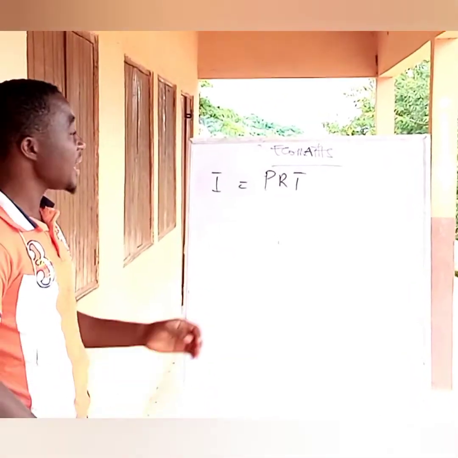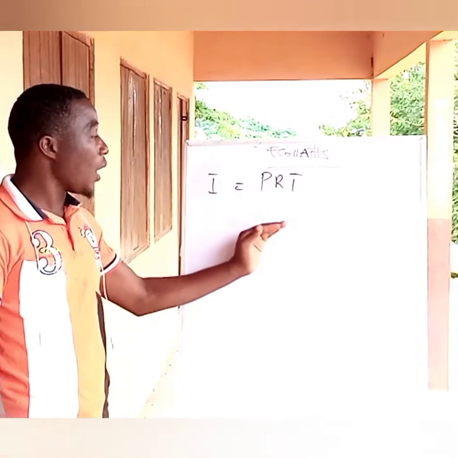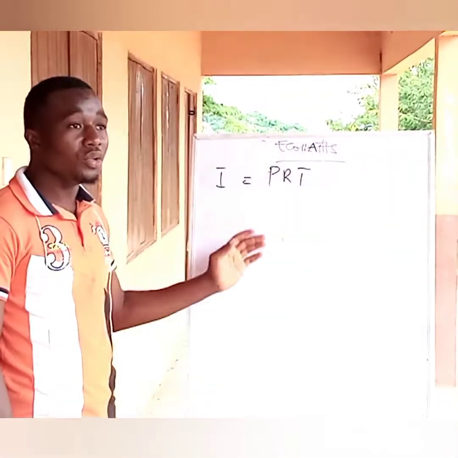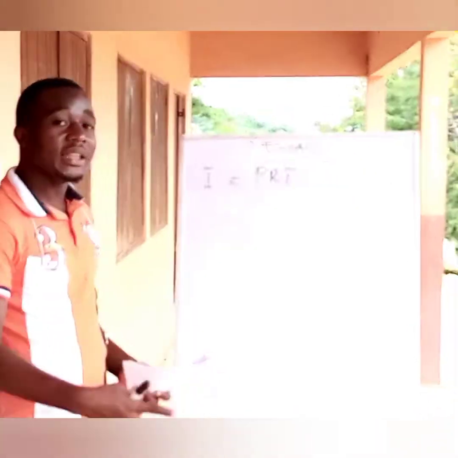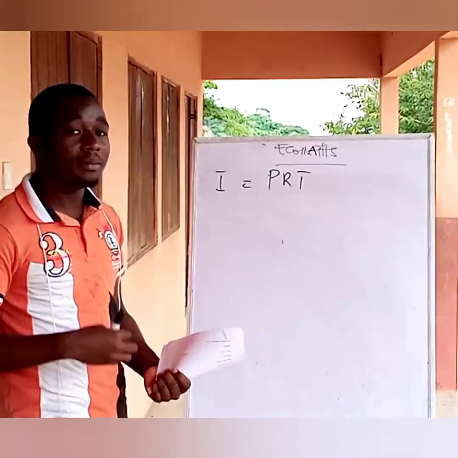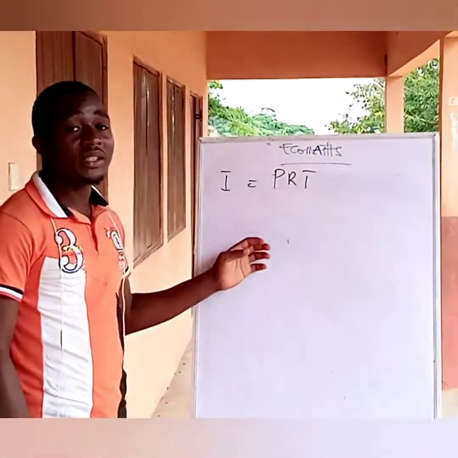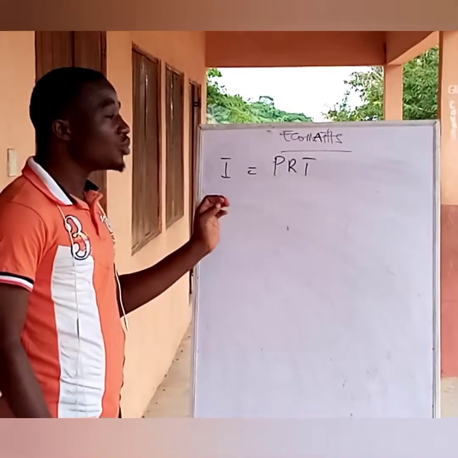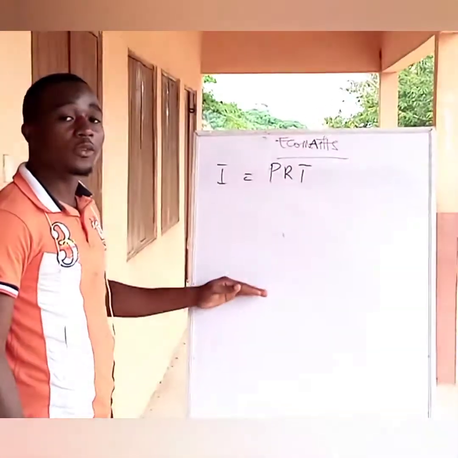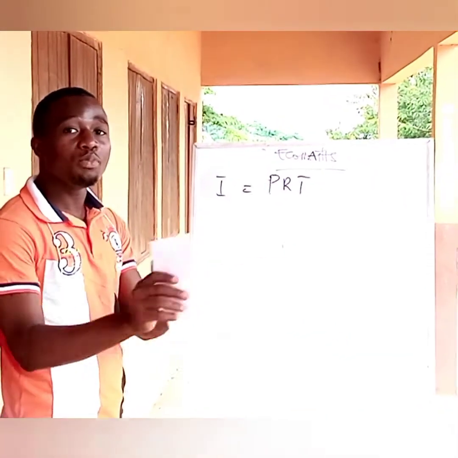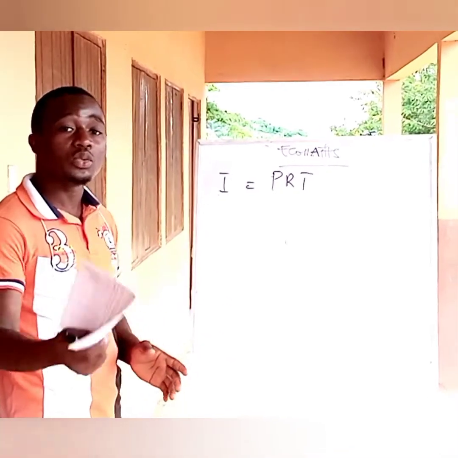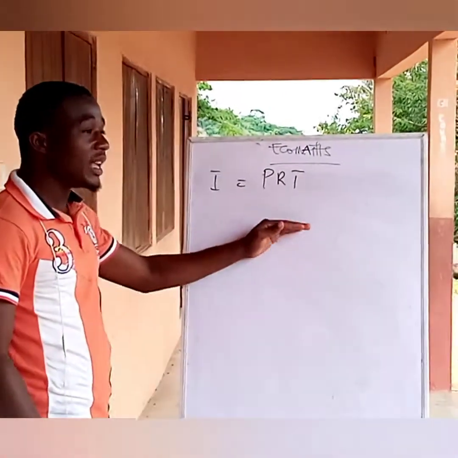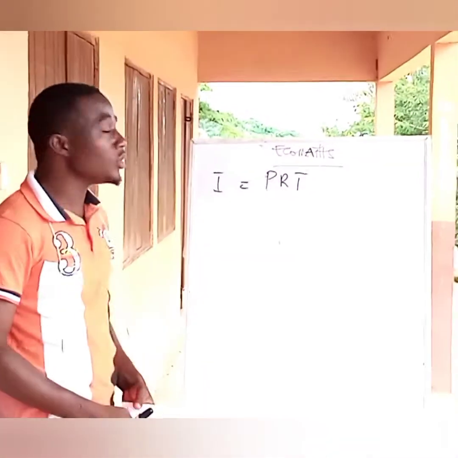From our question, they said per annum, so the time is 1, the rate is for each of the banks, and the principal amounts are X for ADB, Y for Barclays, and Z for GCB. So the first thing we need to do is find the simple interest for all the banks, and then when you put them together, it's supposed to equal the 250 we said earlier.